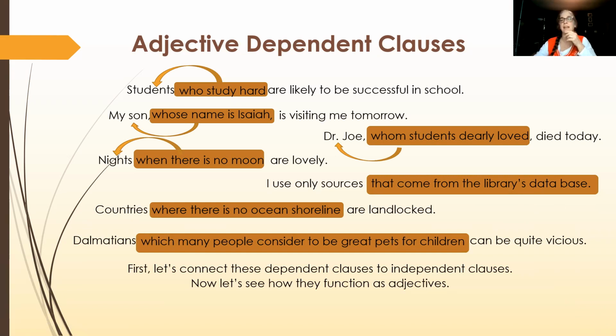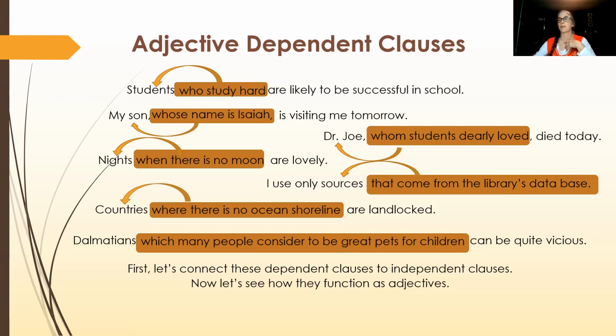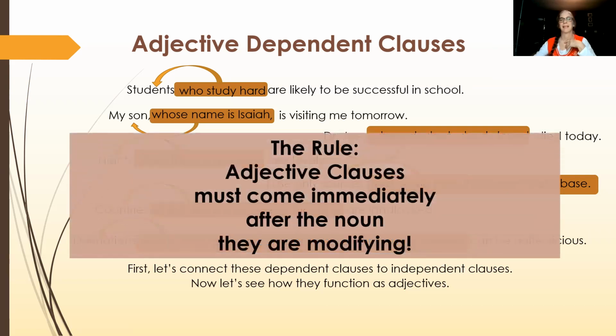What noun is that modifying, Joey? Sources. Perfect. What about where there is no ocean shoreline? Countries. What about which many people consider to be great pets for children? Dalmatians. Absolutely. So guess what our rule is? Adjective clauses must come immediately after the noun they're modifying.